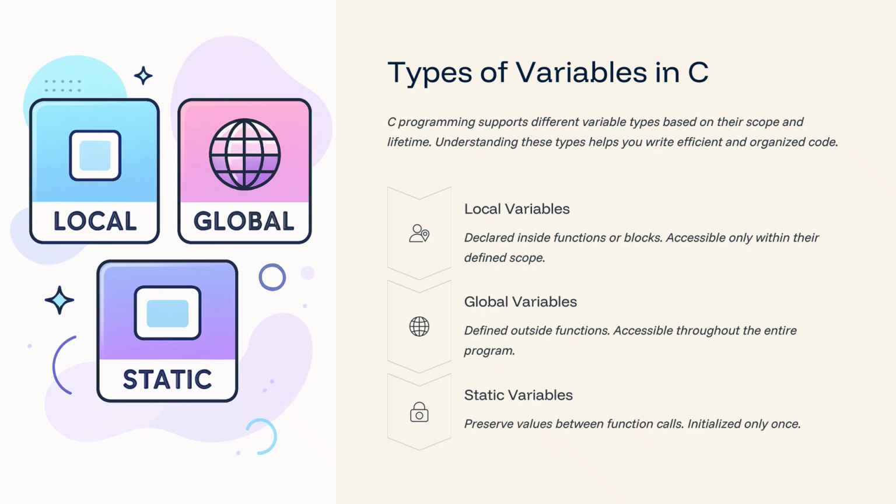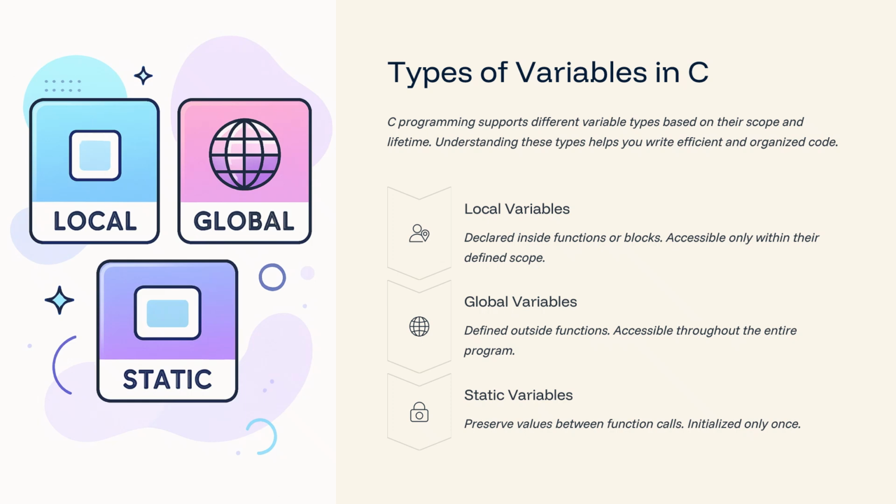Local variables are defined inside a function or block. They are accessible only within the defined scope. Global variables are defined outside the functions and are accessible throughout the entire program.